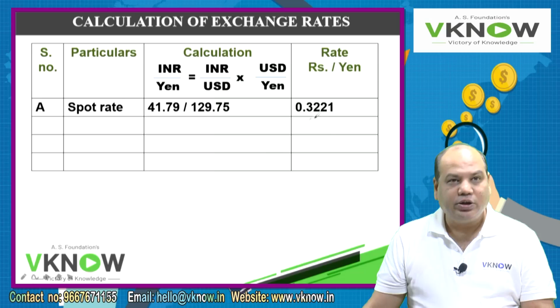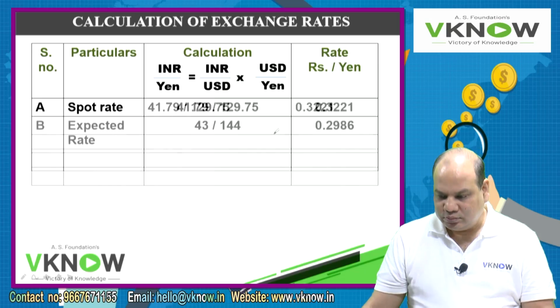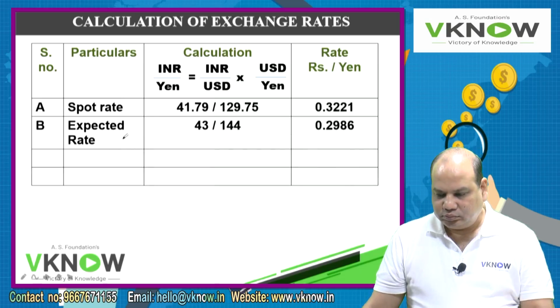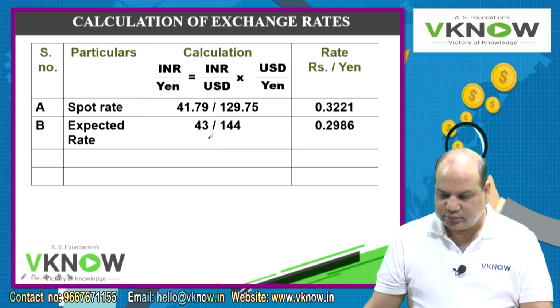You will get 0.3221. Expected rate: 43 by 144. 0.2986.